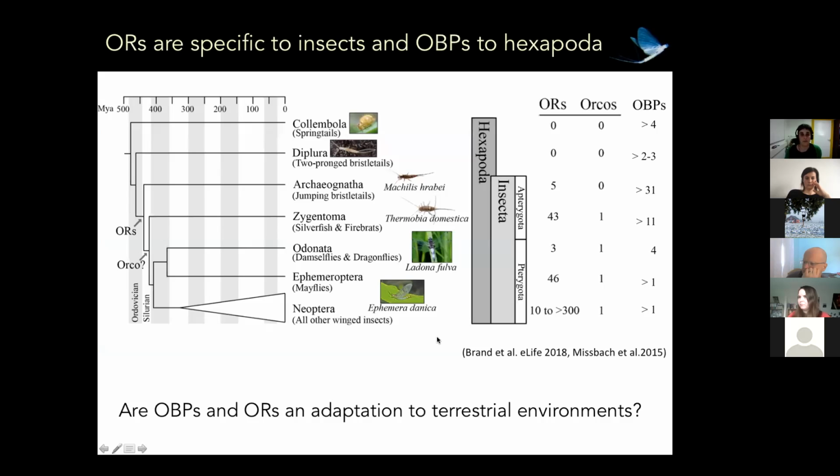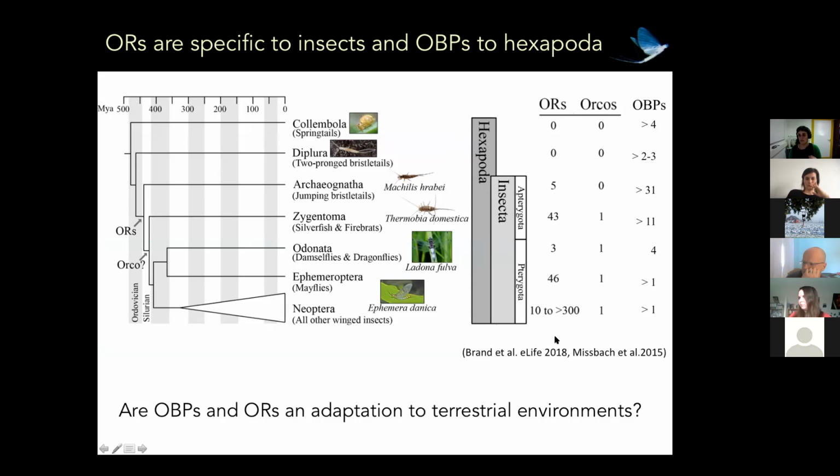And another important thing that we had to take into account is that if we look at the different chemosensory gene families that are in insects, what is known is that, for example, the odorant receptor gene family appeared for the first time in Insecta, and the odorant binding protein gene family appeared for the first time in Hexapoda.